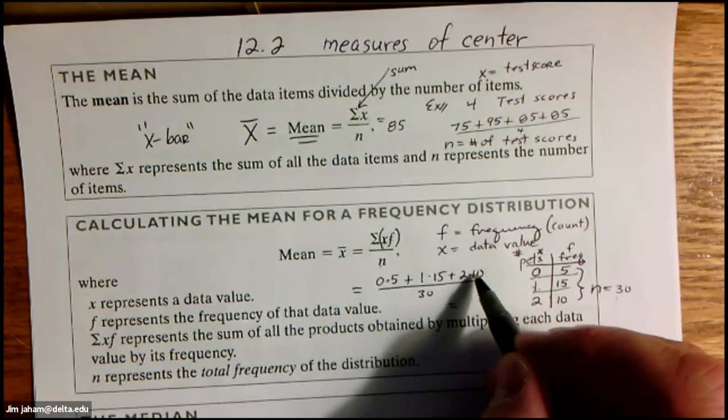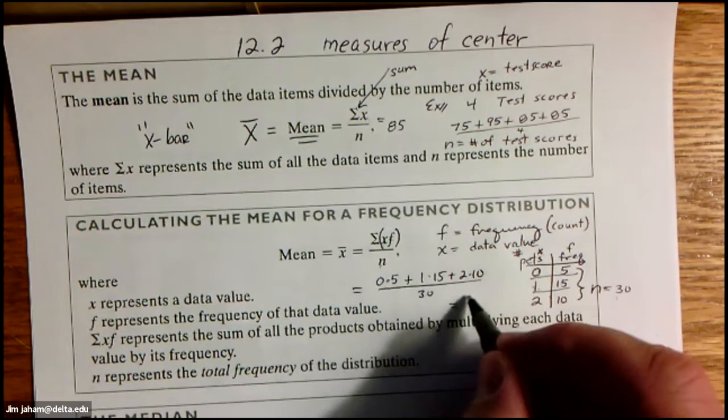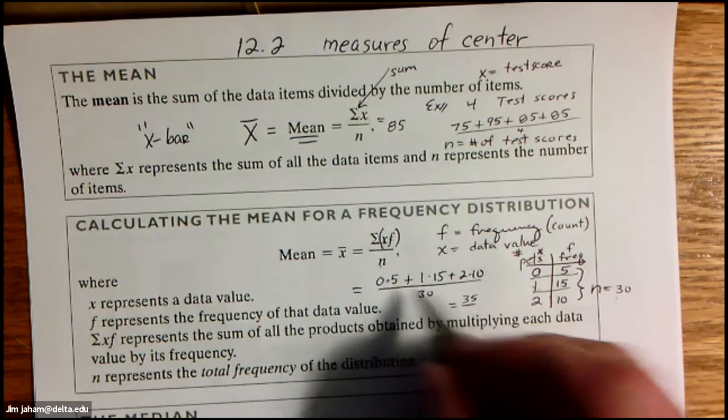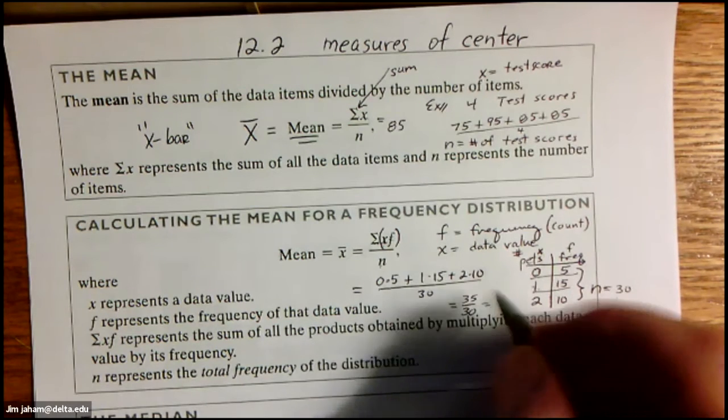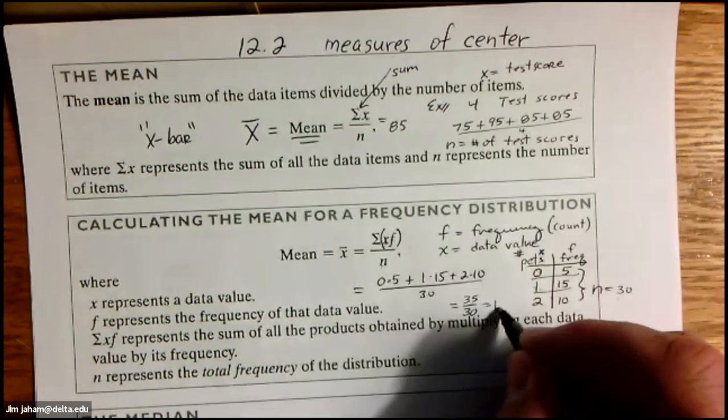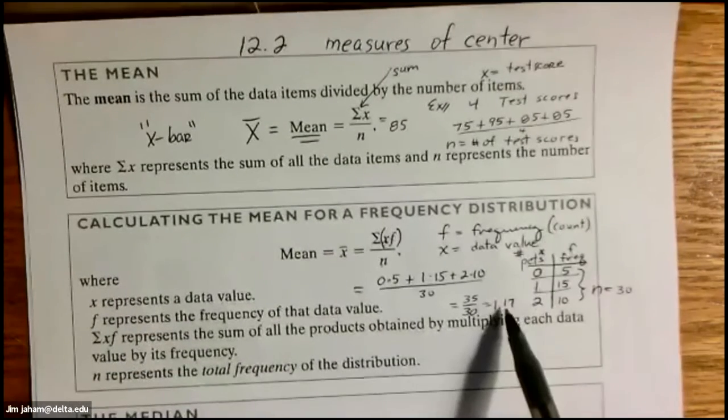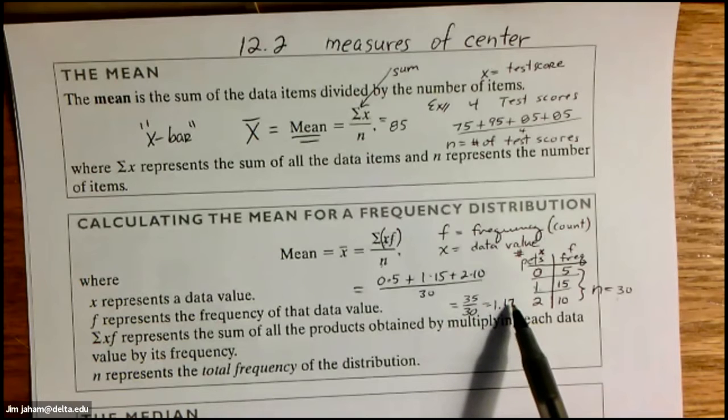This is 20, this is 15, and that's 0. Add those together to get 35. Then you would calculate the average, and we would say it's just over 1. So on average, students who participated in this survey have about one pet in their family.